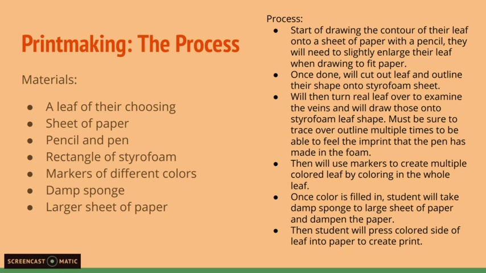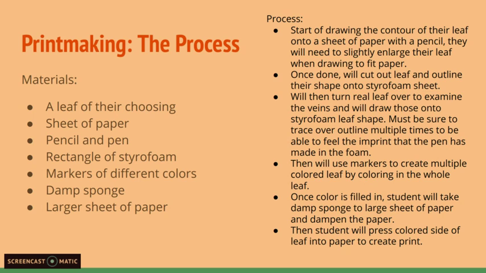When they're drawing their leaf, we're going to be talking about contouring because contouring is the outline of something. Once they've got their shape, they will put it onto this piece of styrofoam, and that will be contouring again. They're going to trace that outline of the leaf, and that will help them understand exactly what contouring is.